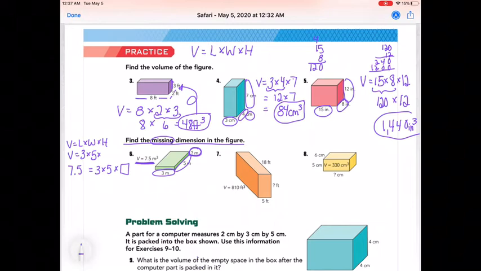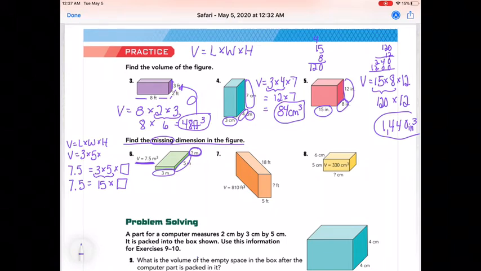How are we going to find that out? Well, here's how we're going to do it. We are going to say 3 times 5 equals 15 times something. 7.5 equals 15 times something. How are we going to figure that out?